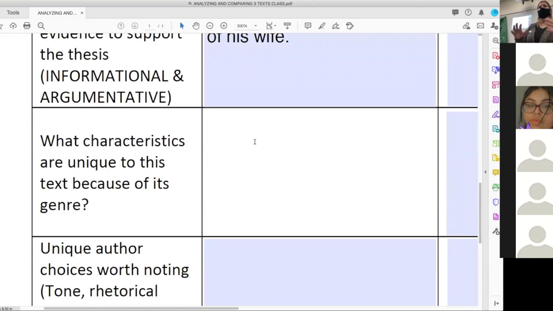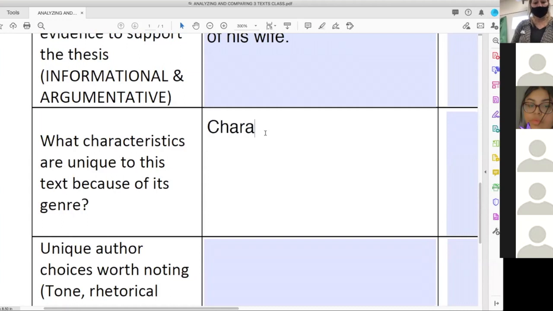So each type of writing, if I'm writing a drama, if I'm writing a poem, if I'm writing an article, there's characteristics or things I do as I'm putting those words together that are going to be unique to the type of genre I'm writing. So let's think about a drama. When you look at a drama, what are some things that tell you it's a drama, that you know you're reading a drama and not an article?